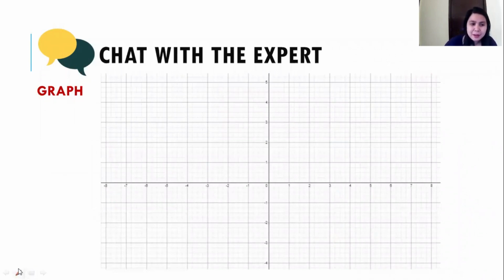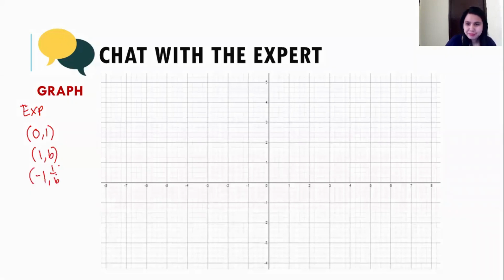Let's try plotting the graph. Actually, I don't memorize the 3 points for the logarithmic function. Instead, what I memorize is only the exponential. For the exponential, I know that it's (0, 1), (1, b), and (-1, 1/b). I only memorize these 3 points. So for the logarithmic, I simply interchange them.